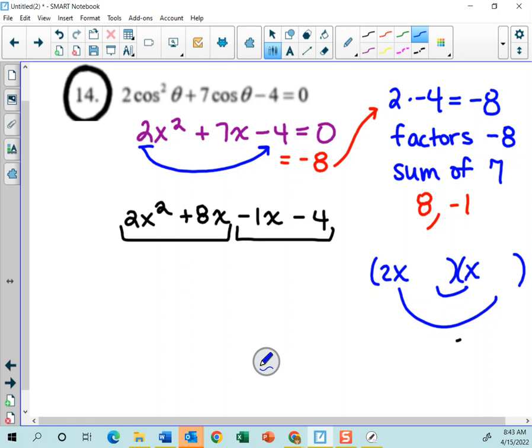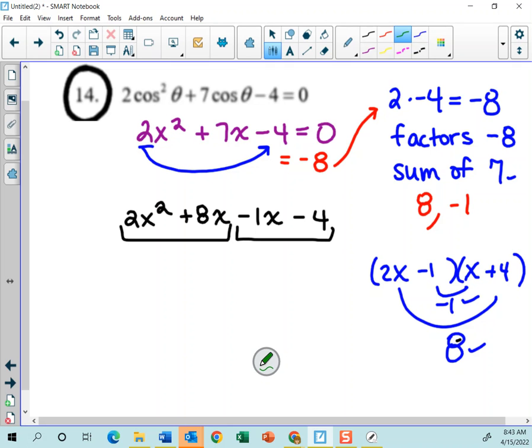If you know that one of the numbers you have to get is 8, that helps, because if I put a 4 here, that gives me a positive 8 for the outside, and a -1 there gives me the -1 for the inside, and 8 and -1 make the 7. That's how I learned to do it.